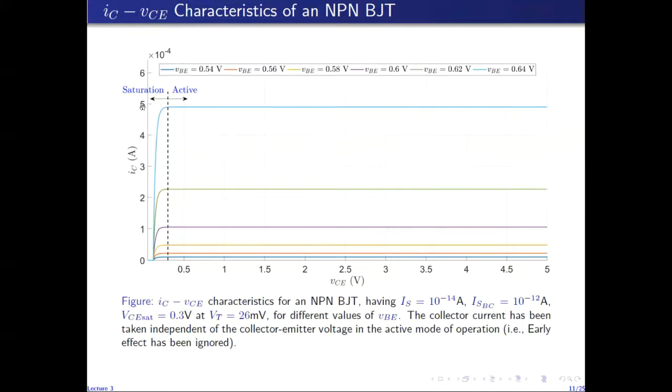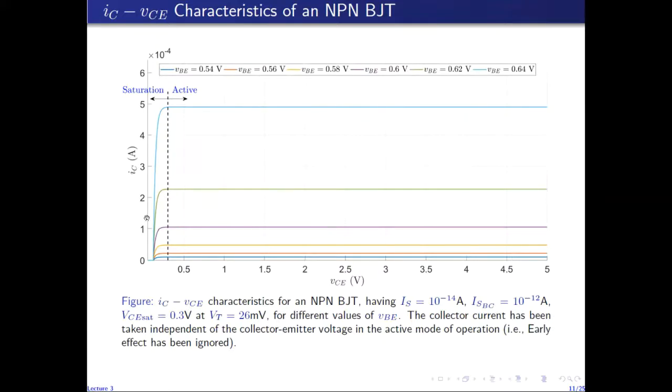Collector current is given on the y-axis, and these curves have been plotted for a transistor having saturation current IF equal to 10 to the minus 14 and saturation current IR equal to 10 to the minus 12 amperes at a temperature at which the thermal voltage is equal to 26 millivolts. Furthermore, we have assumed that the collector emitter voltage in the saturation mode of the device is about 0.3 volts.